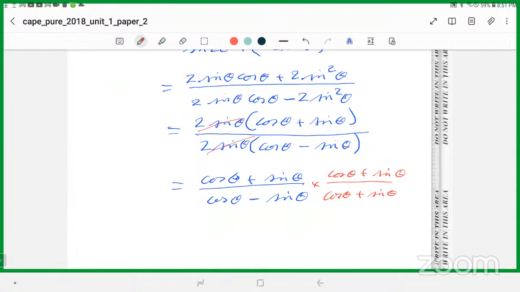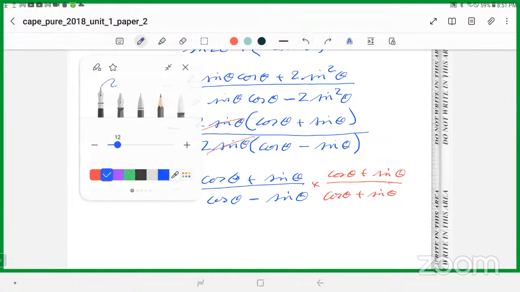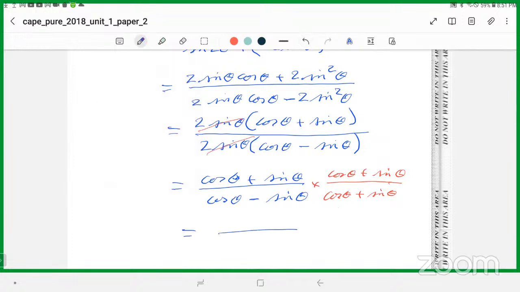So the denominator now becomes the difference of 2 squares. The denominator becomes cos squared theta minus sine squared theta. And the numerator now becomes a perfect square. See that? It becomes that squared. Which is what?